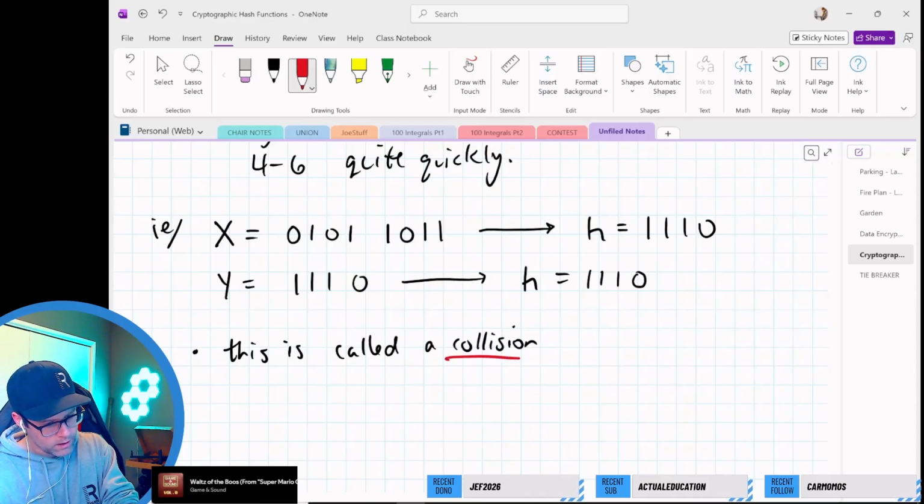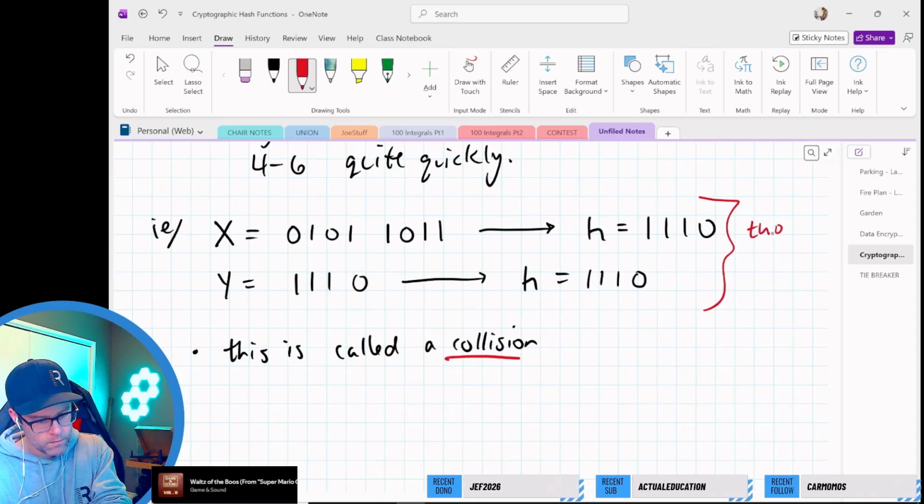Okay, so we call this a collision when 2 inputs provide the same output.